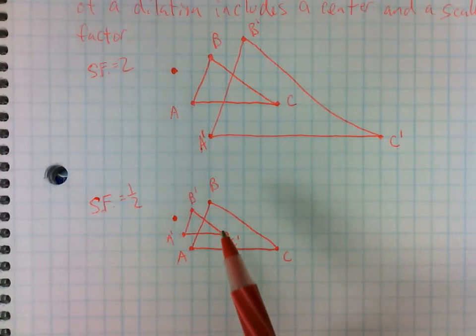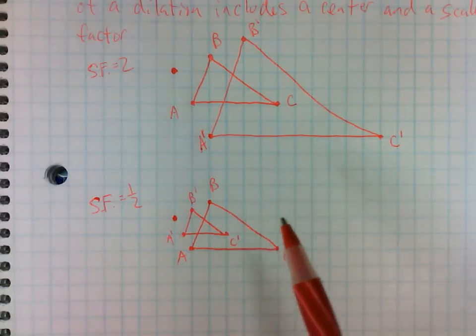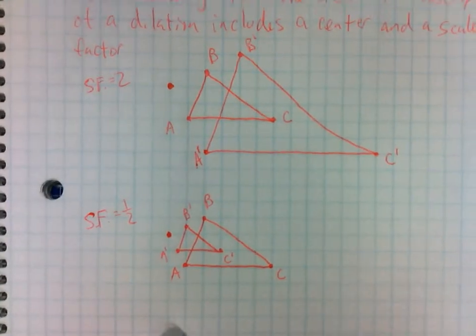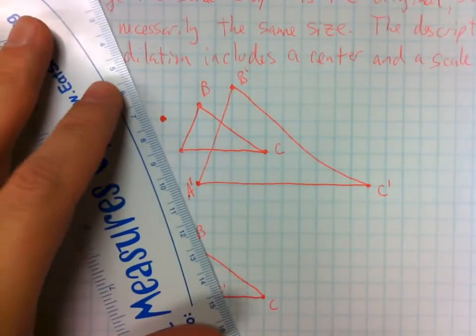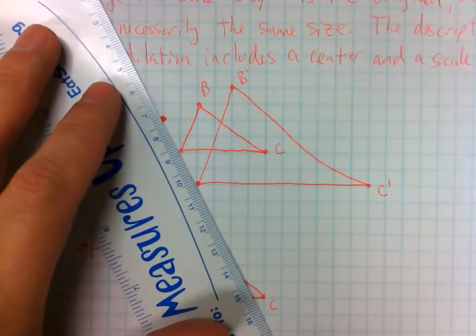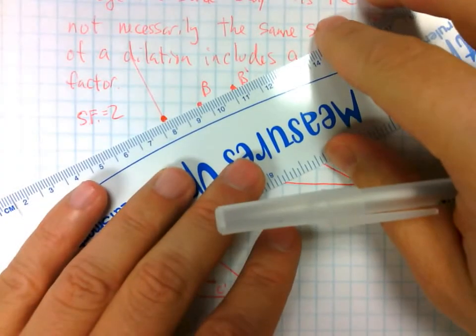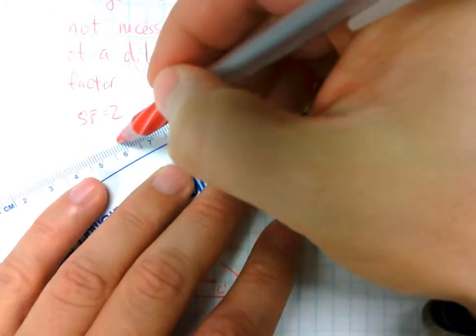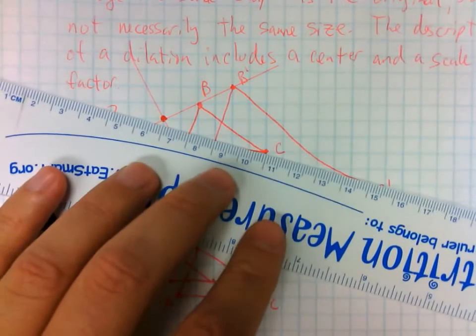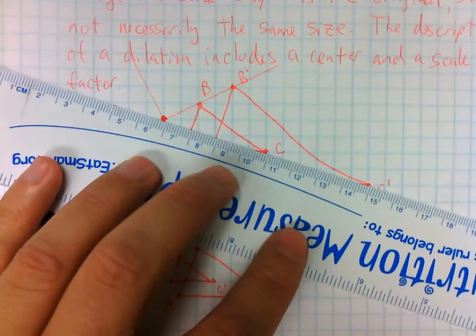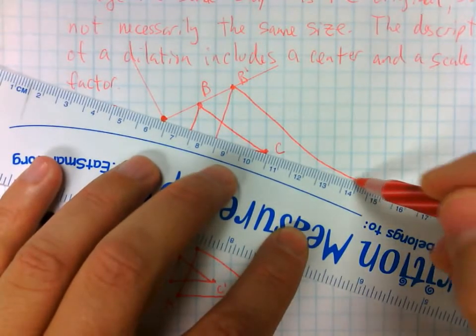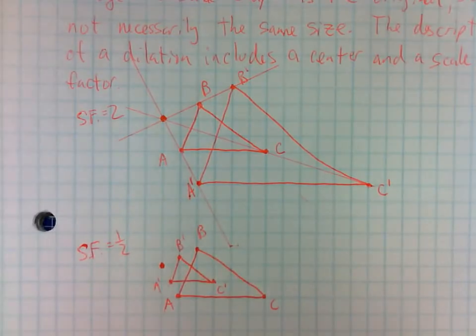Alright, and you can kind of just eyeball that. So one thing that I want to show you is, watch what happens if I connect my points here, the old points to the new points. If I connect A and A prime, and I continue that line through, and I connect B and B prime, like that, and I connect C and C prime, see how all those lines meet at the center point.